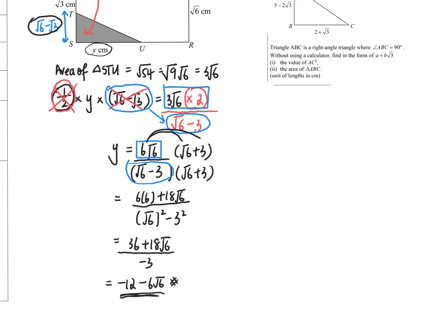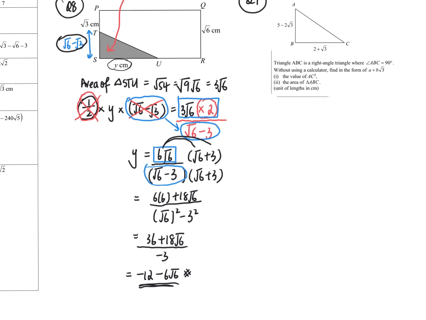I got a negative wrongly. Is there anything I wrote wrongly? Oh no, this one. Where's the error? Wait, something is wrong, because I cannot have a negative answer. Where's the problem?